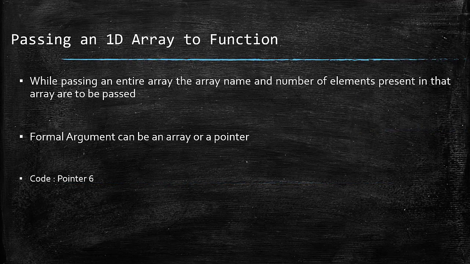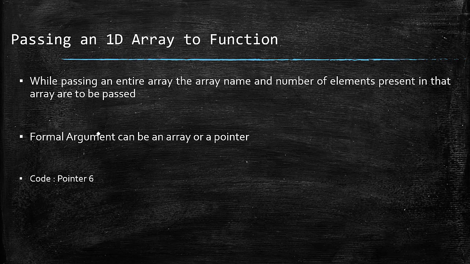So, passing a one-dimensional array to a function: while passing an entire array, the array name and the number of elements present in that array are to be passed. C language does not perform any bound checking, so the number of elements present in the array is necessary to pass.